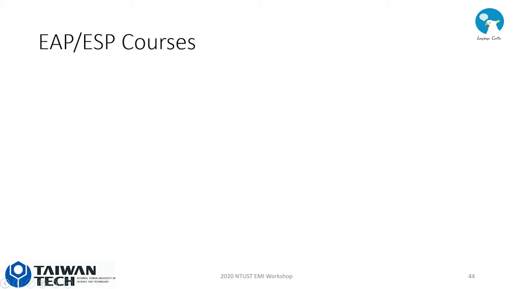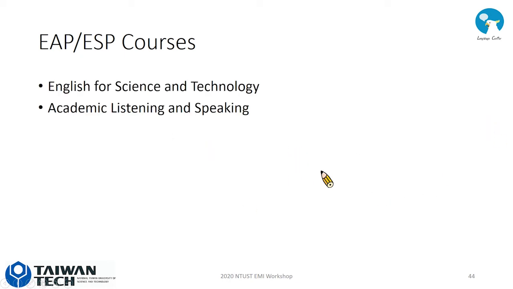So if you think your students are not good enough in English, then I recommend them to take our courses. These are the courses that we offer that your students, or if you're a student, you can take as well. For example, English for Science and Technology, Academic Listening and Speaking. These 2 courses are more EAP or ESP oriented, English for academic purposes or English for specific purposes.